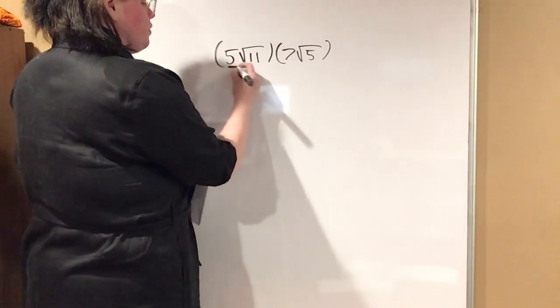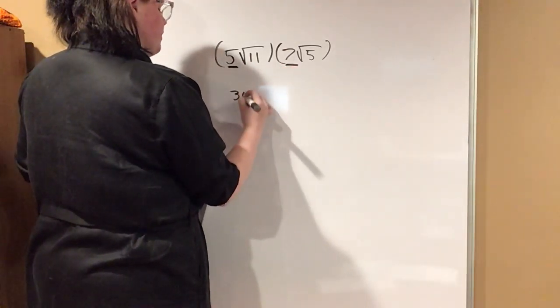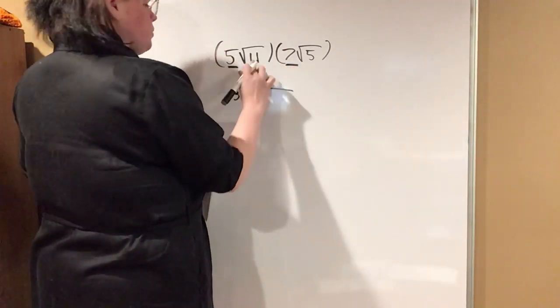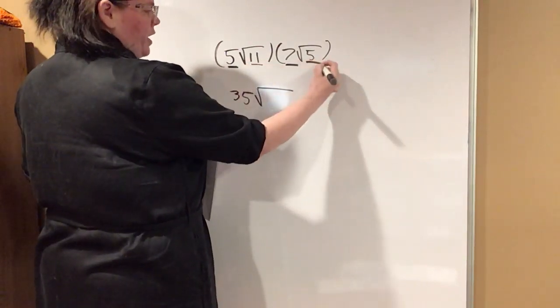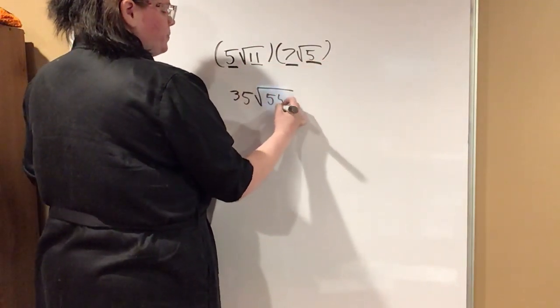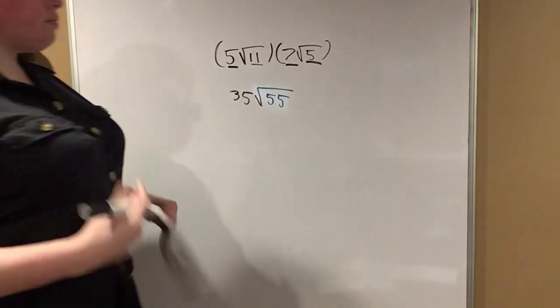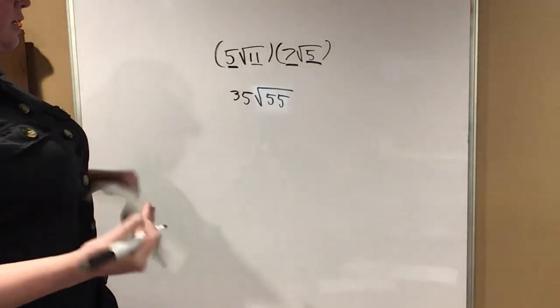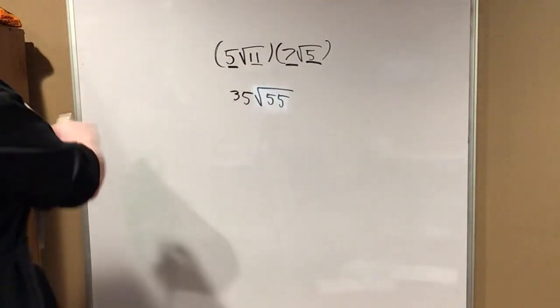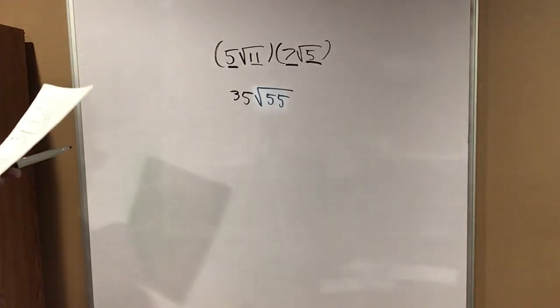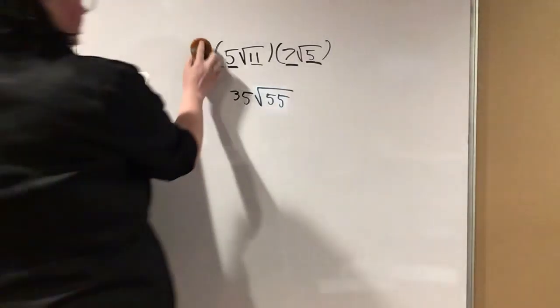So we multiply coefficients and we get 35, and then multiply what's underneath the radical, and you get 55. Well, 55 is prime, can't go down, so this is that multiplied together. You can't do anything else with it. This is how we're going to be multiplying them.